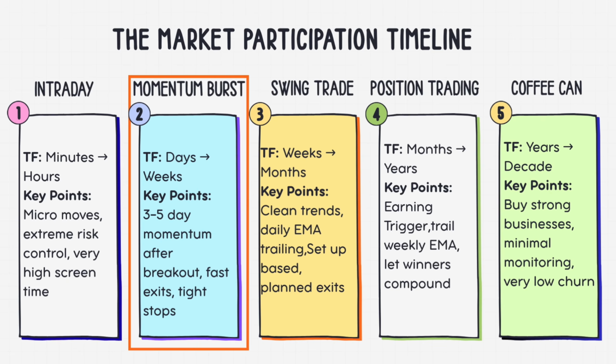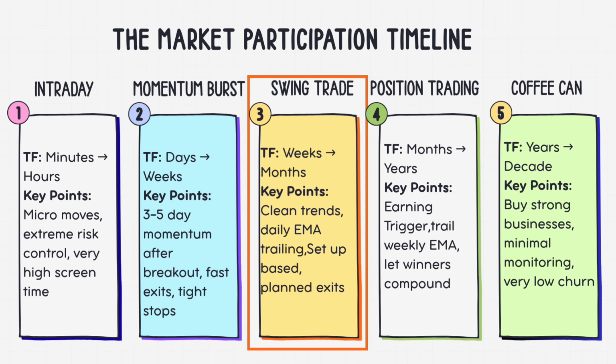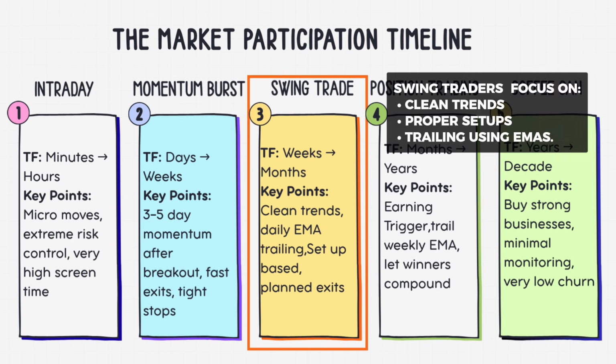Now we come to swing trading. Here the holding period expands to a few weeks, or sometimes a couple of months. Your trading time frame is mainly the daily chart. This is where structure starts to matter more than speed. You look for setups like flag patterns and VCP patterns. Swing traders usually focus on clean trends, proper setups, and trailing trades using daily indicators like the EMA on the daily chart.